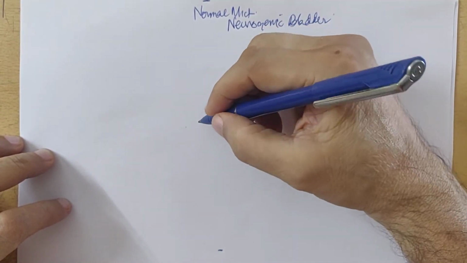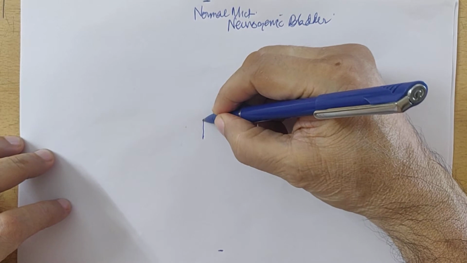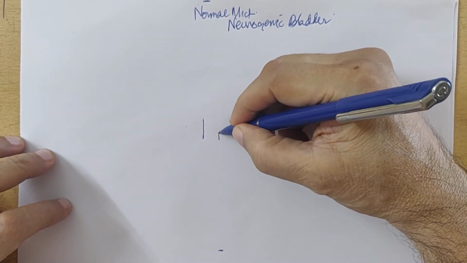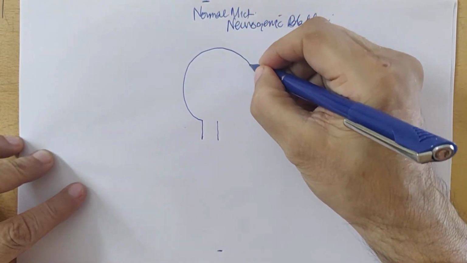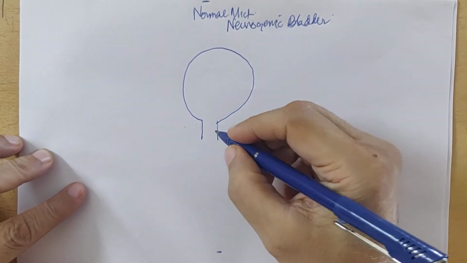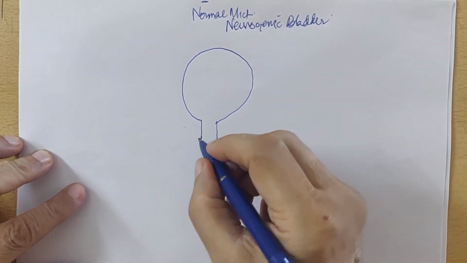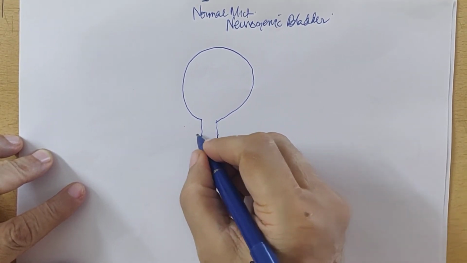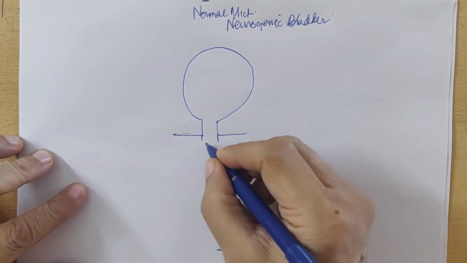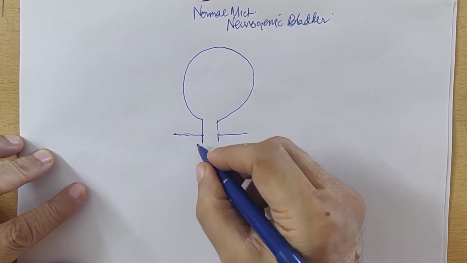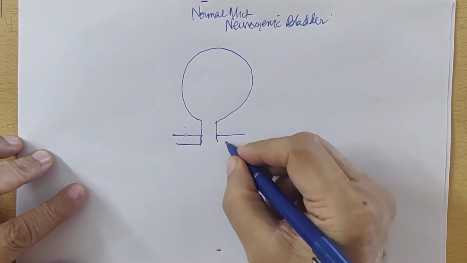So the first diagram that you have to remember is that this is the prostatic urethra, this is the bladder, and this prostatic urethra converts into the membranous urethra, which crosses the deep perineal pouch.